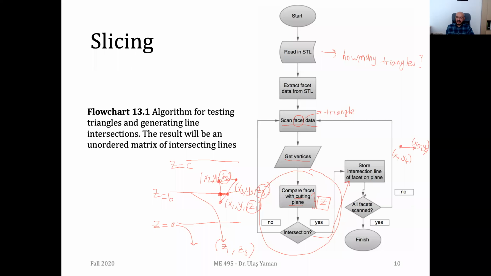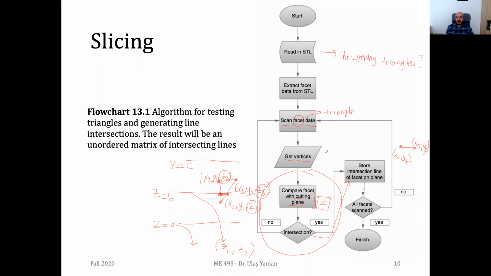And then I continue here. Are all the faces scanned? If you are at the end of your STL file, then the answer is yes, and you will be done with this algorithm. But if you still have triangles which are not checked yet, then you should start the scanning once again.